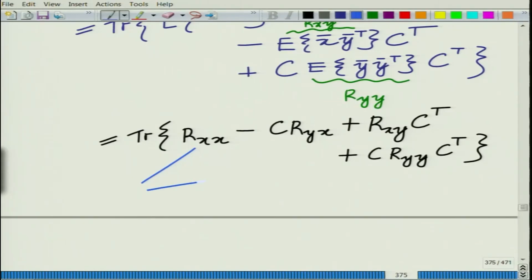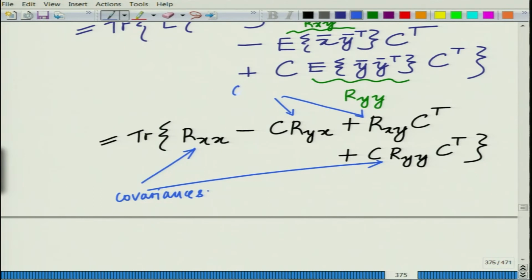So, this expression involves all the second order statistics, the covariances and the cross covariances.